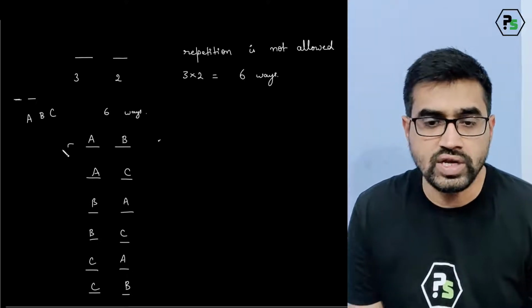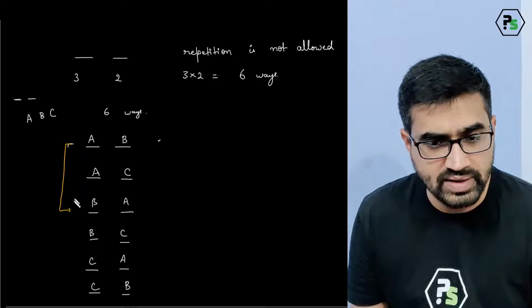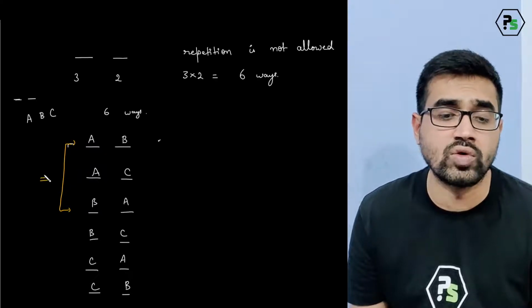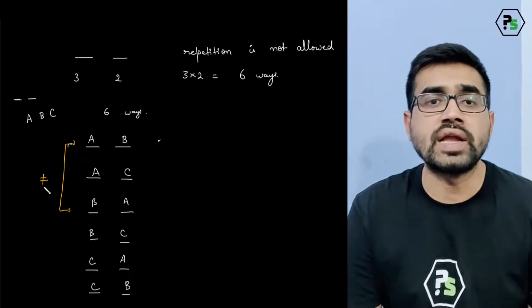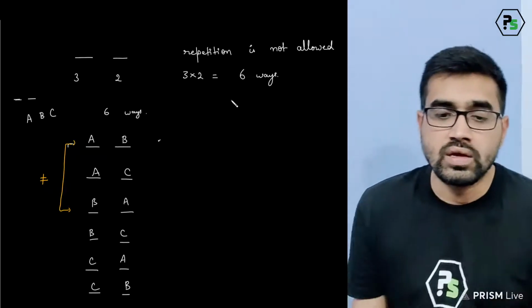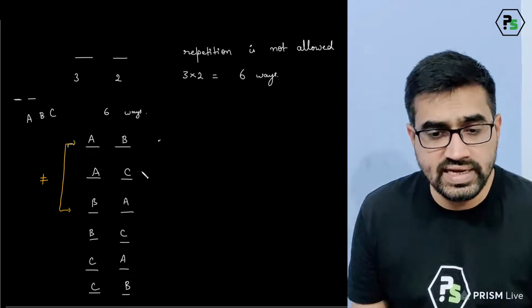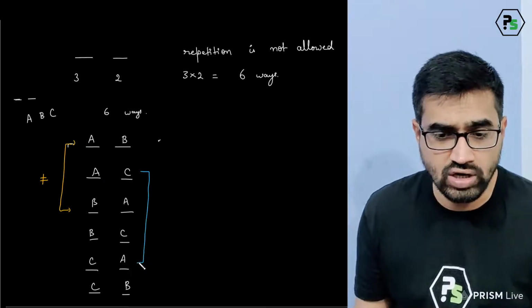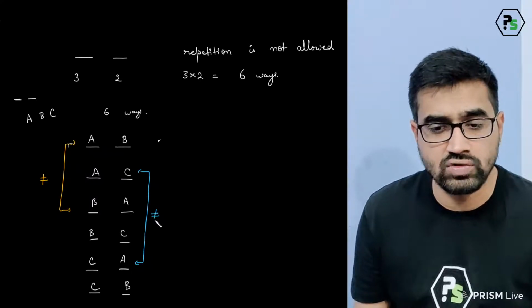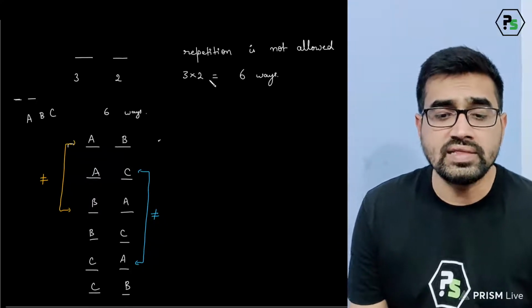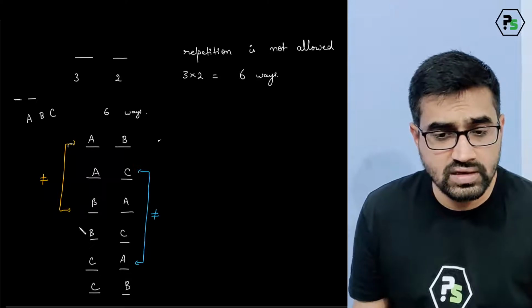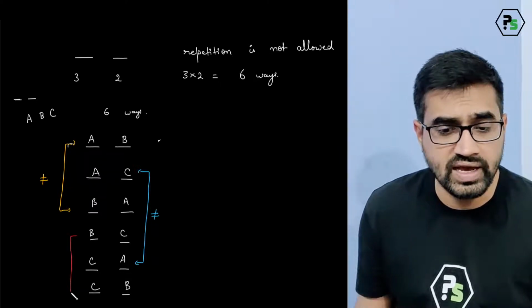Let's say I take AB and BA. I say they are not equal because arrangement matters. In the same way, AC and CA are not the same. They are different codes. And in the same order, BC and CB are different codes.